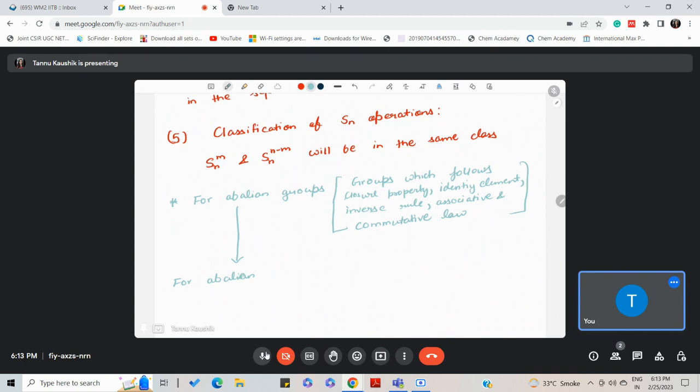For abelian groups, all above classification rules will not be applicable, and therefore each symmetry operation will be in a separate class.